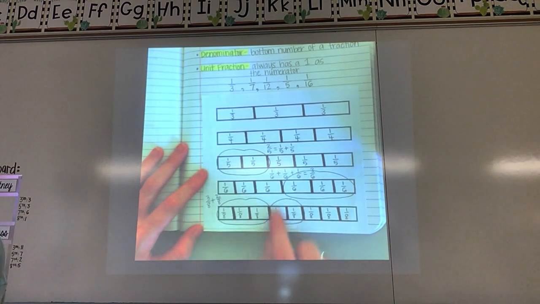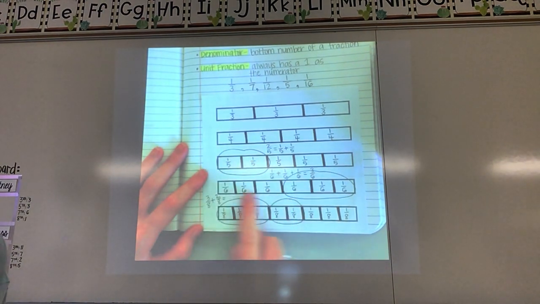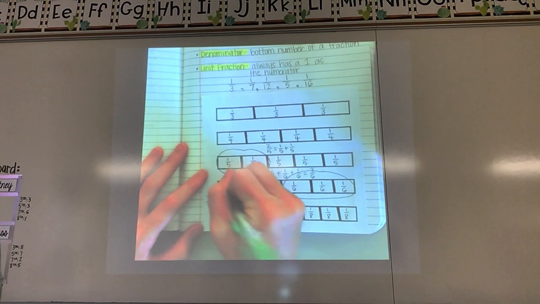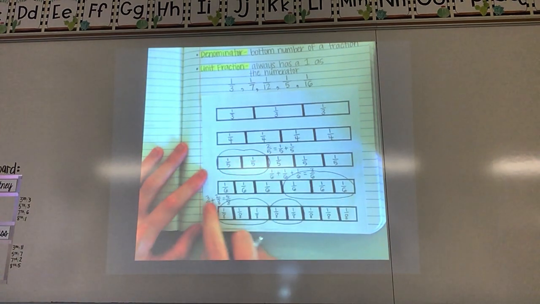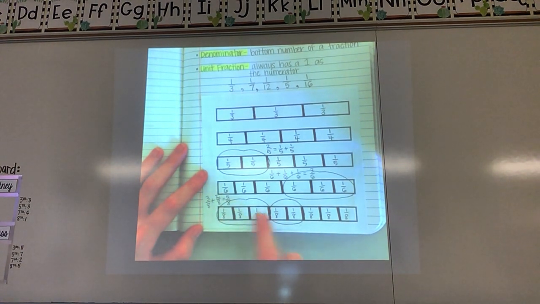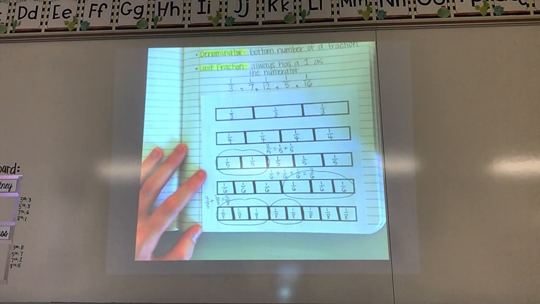Adding those together, that would give me 2/8 right there. And what would be in all of this together? So we're adding our first circle and our second circle. We should get 5/8 because 3 plus 2 is 5. Our bottom number stays the same. Or you could have counted 1, 2, 3, 4, 5. And we are working with eighths, so that would give us 5/8.